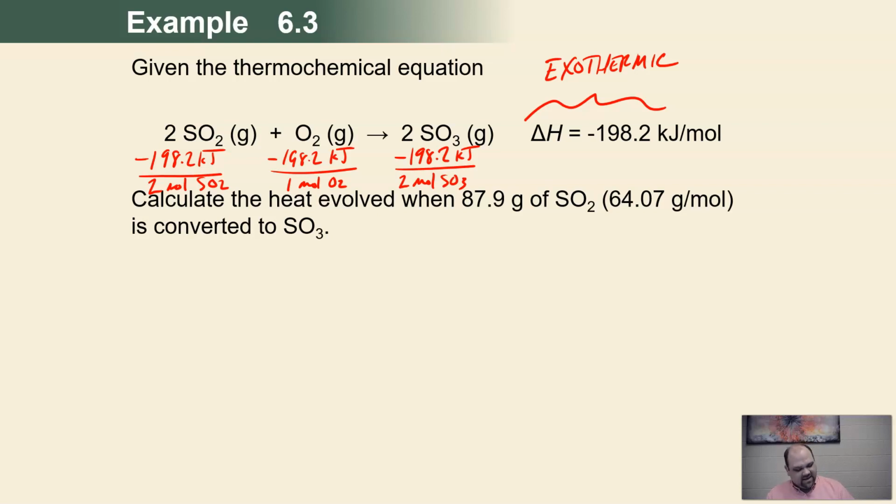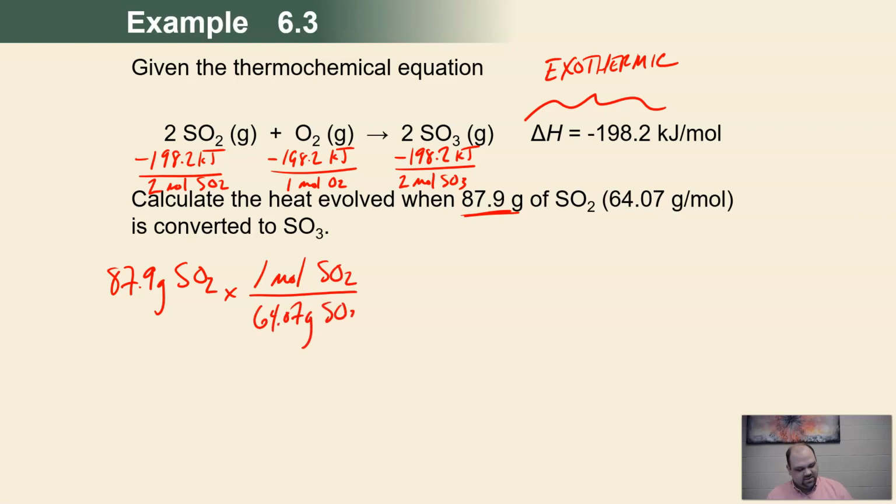Make sure you balance it. So we're going to calculate the heat evolved, so how much heat is given off, evolved like a gas, given off, when we have 87.9 grams of SO2 converted to SO3. So we start with the one that's not a conversion factor. 87.9 grams of SO2. We're going to use our molar mass here to go from grams to mole. 1 mole of SO2, 64.07 grams of SO2.